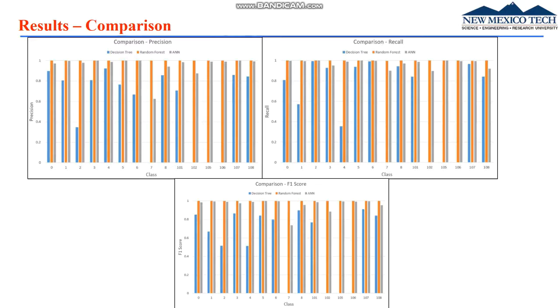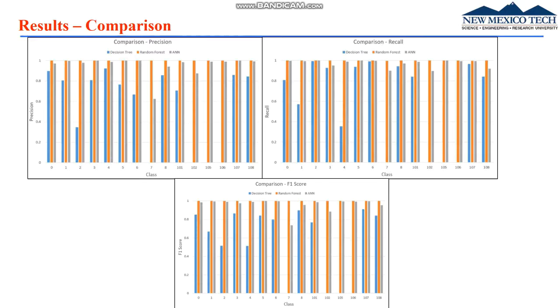For the decision tree, its precision is lower than the other two, and the same pattern can be seen in the recall and also the F1 scores. So in the three metrics, the random forest is the best method with the highest accuracy. Next is the artificial neural network, and the least performance belongs to the decision tree.